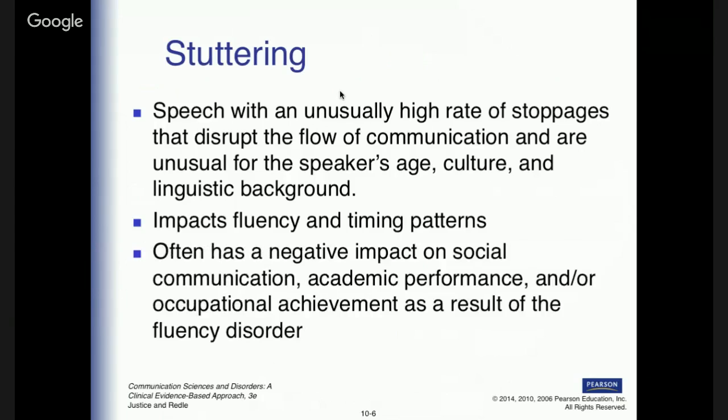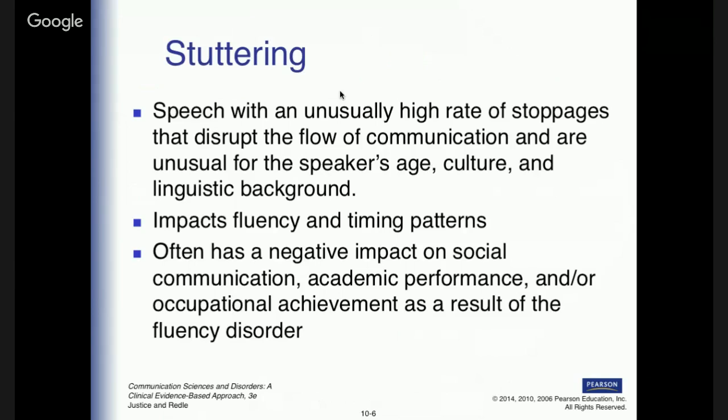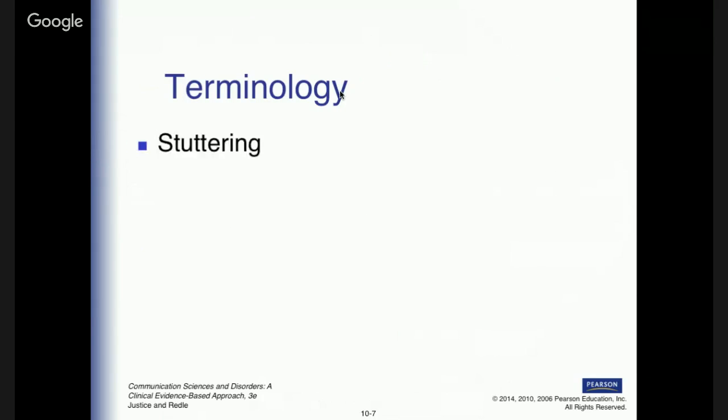These stoppages, or these repetitions or pauses or prolongations, often have a negative impact on social communication, academic performance, and/or occupational achievement. So for most people who stutter, it's going to impact them in at least one of those, if not all of those areas.